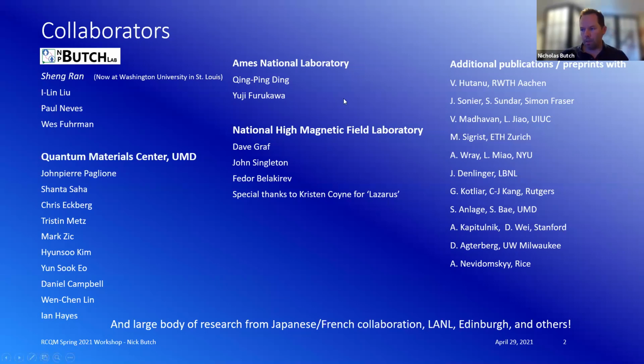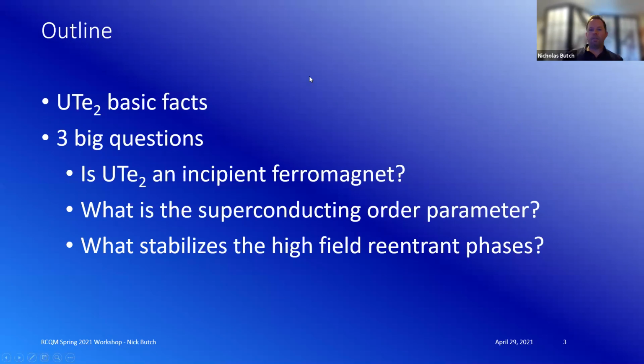Okay, so this is the outline of my talk. And the way that I structured this is not skipping any real parts of what we know about uranium ditelluride, but I want to just upfront give you what I call basic facts, and then dwell on, hopefully in a reasonable amount of time, 3 big questions.